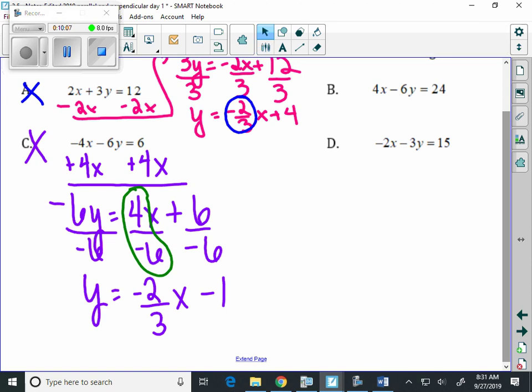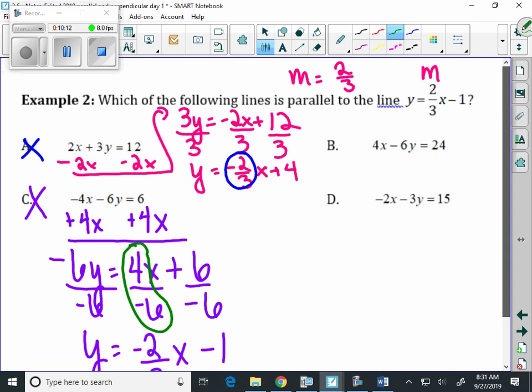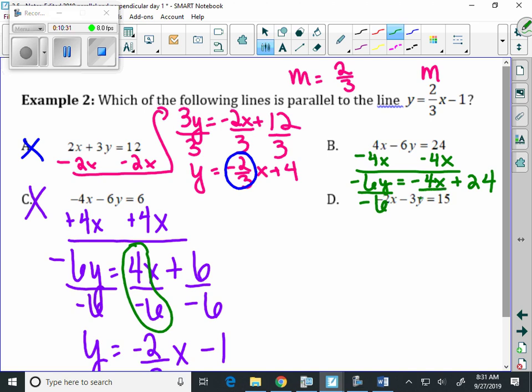So if we switch over here to letter B, putting this in slope-intercept form, we can subtract 4x from both sides. It's going to be a tight squeeze for me. We get negative 6y equals negative 4x plus 24. If we divide by negative 6, what we end up with is y equals negative 4 divided by negative 6 is 2/3 x.